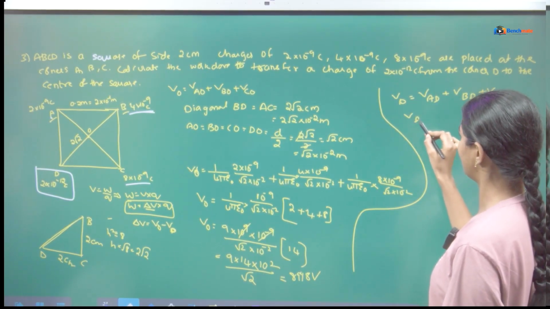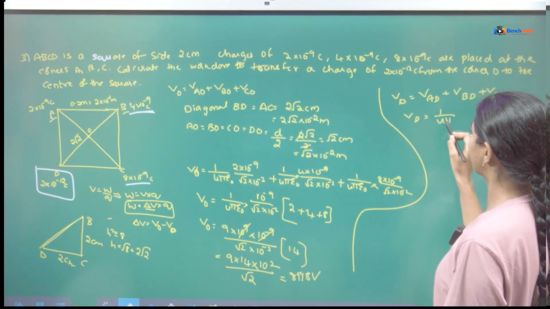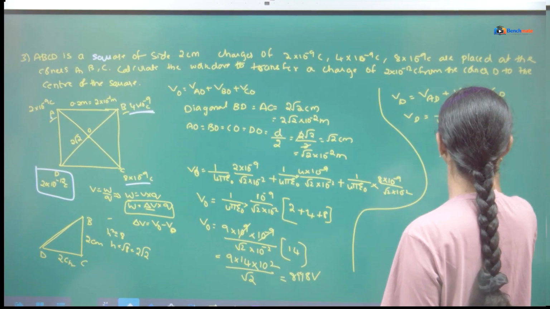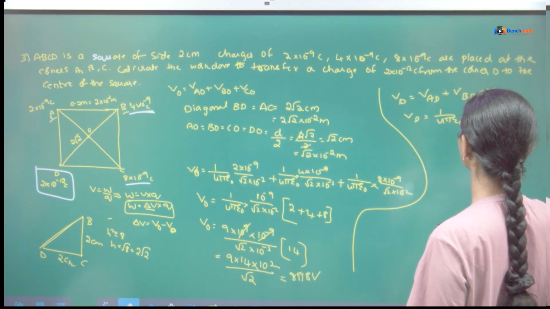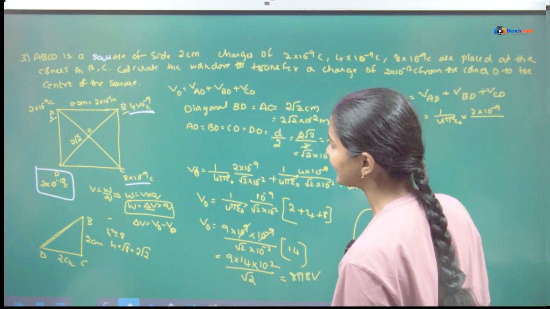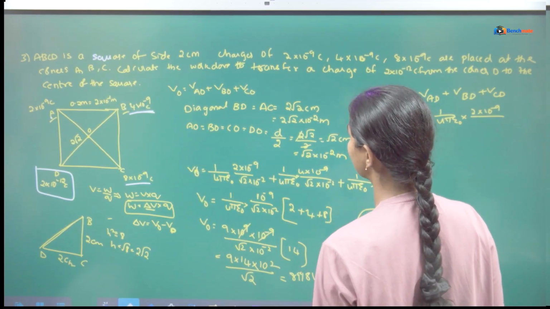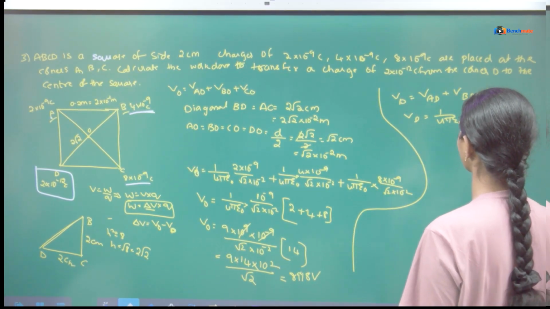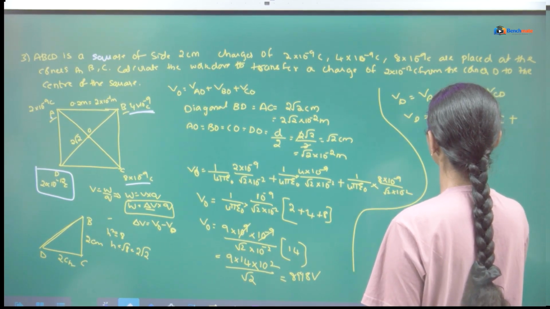So now VD is equal to 1 by 4 pi epsilon naught. What is the A charge we have? 2 into 10 power minus 9 by, what is the AD distance? That is 2 centimeters. I'll take 2 into 10 power minus 2 meters.